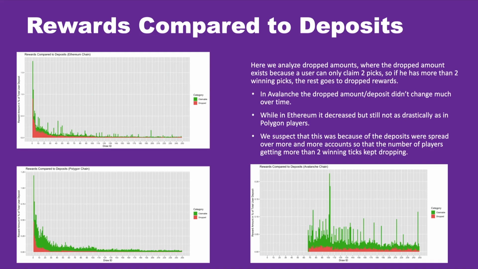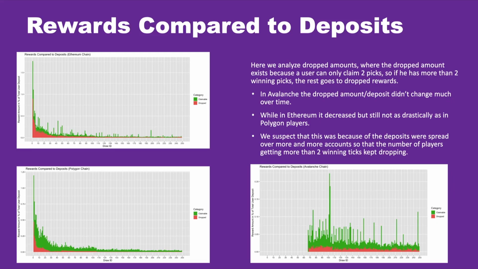What we looked at here is the dropped amounts, keeping in mind that a user can only claim 2 picks. If they have more than 2 winning picks, the rest go to the dropped rewards. Avalanche doesn't show much of a change, as you can see in the bottom right.